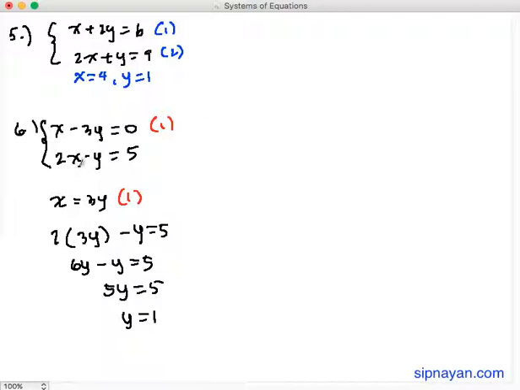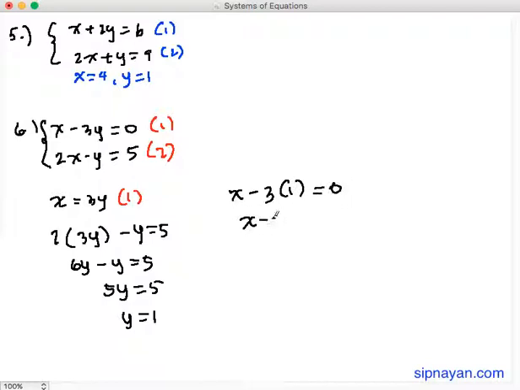Again, we substitute also para mas madali nating masolve yung x. I think it's better if we use the first equation here. From 1, we have x minus 3y, and ang y natin ay 1, equals 0.